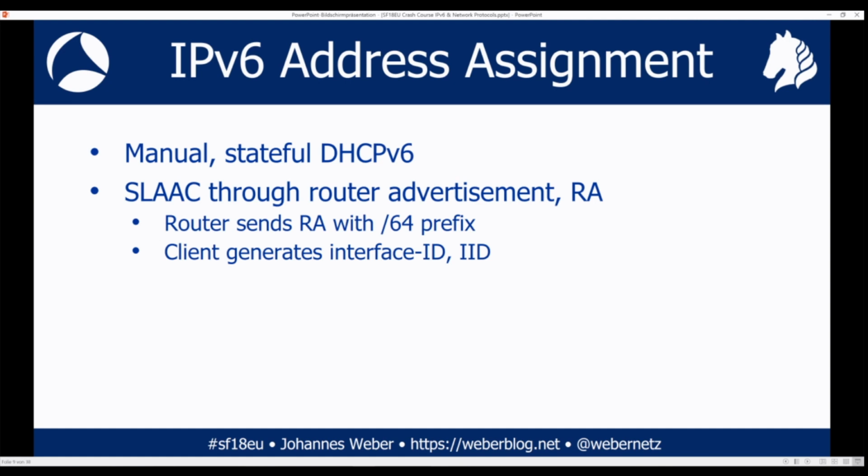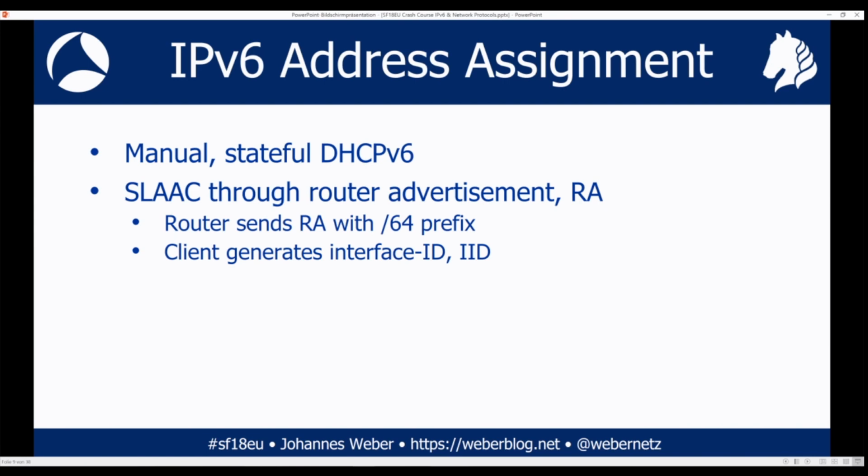You can use stateful DHCPv6. Stateful is almost exactly the same as we used for DHCPv4, for IPv4 addresses. That is, you have a DHCPv6 server, you're asking the server, hey, please send me an address, you're getting the address and you're done. This is stateful DHCPv6. However, these two methods, manual and stateful DHCPv6, are not that widely deployed.